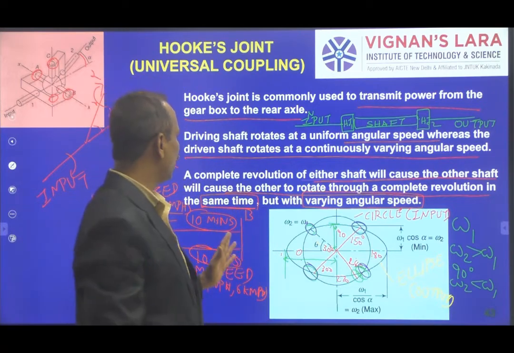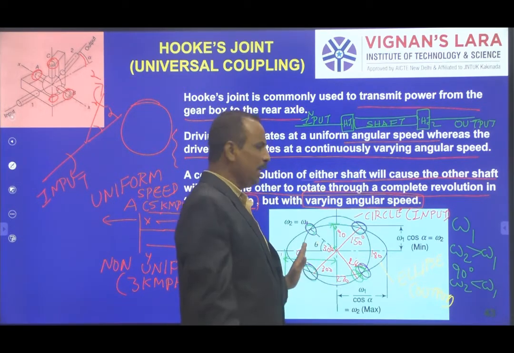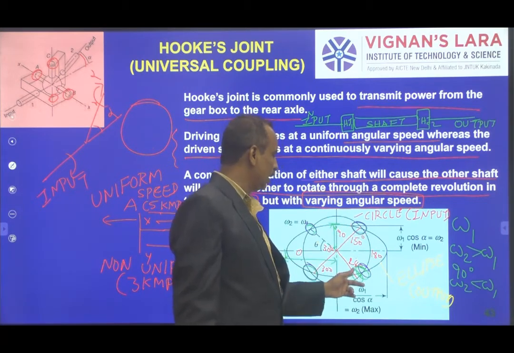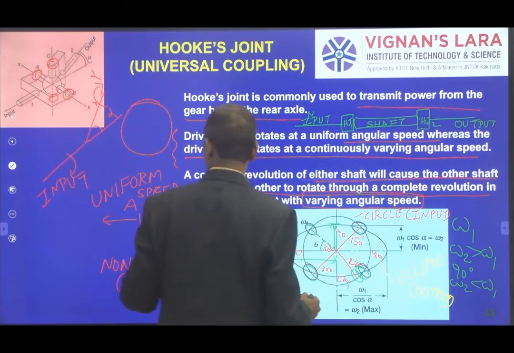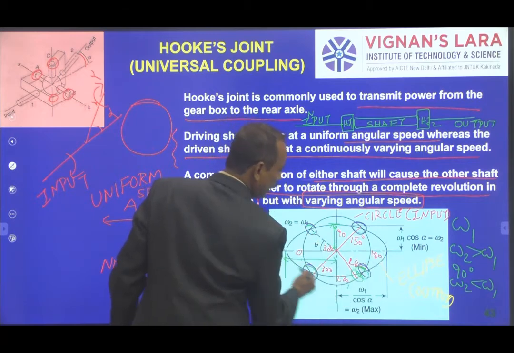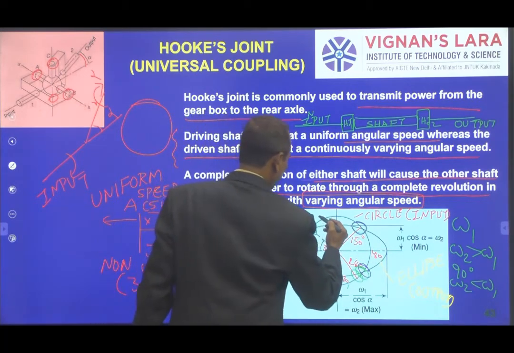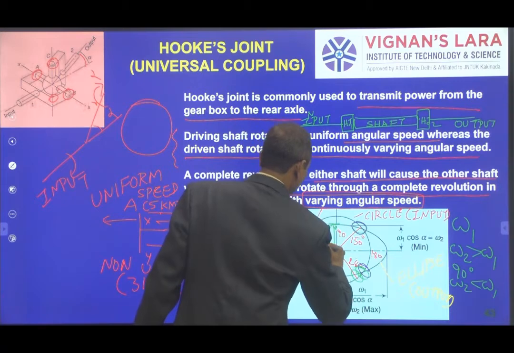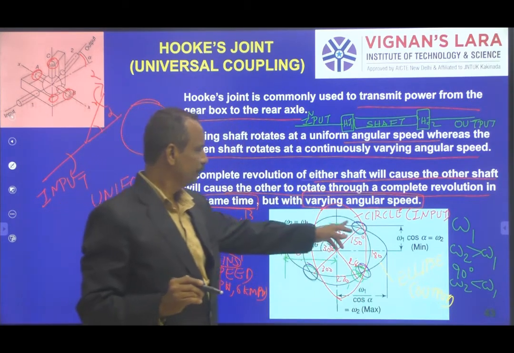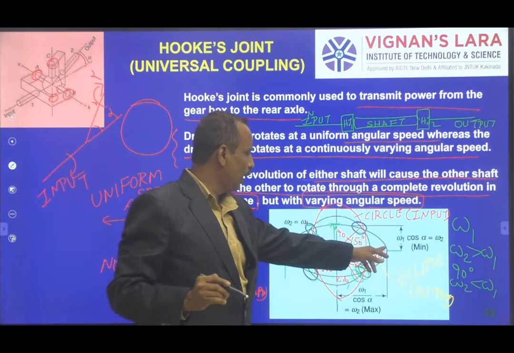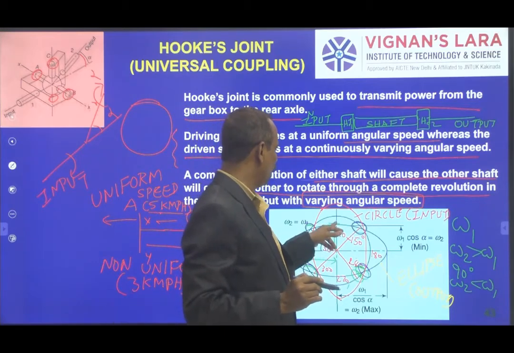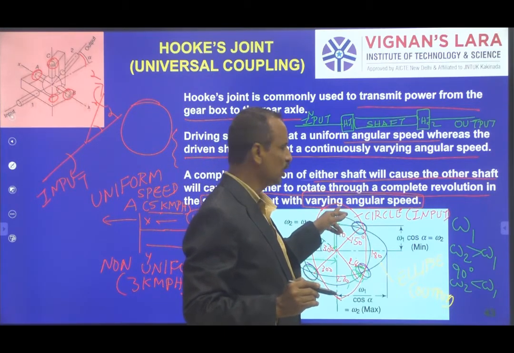So when you use a double hook joint, they are aligned in a phase such a way that the other end will be coming in the other way. Like here I got an ellipse like this, no? In the other case I get an ellipse like this. So there is one horizontal ellipse and one vertical ellipse, isn't it? Where you get minima, in the same location you get maxima.